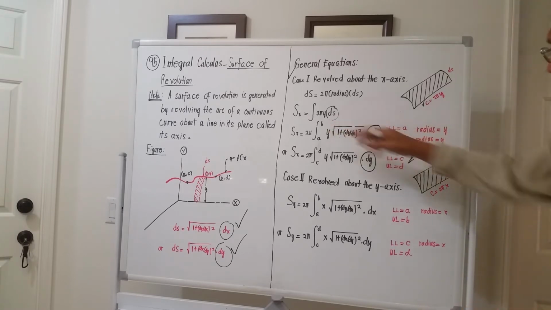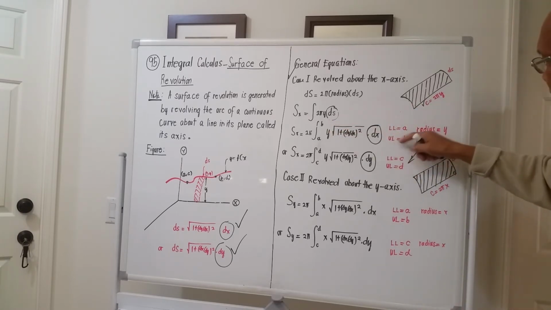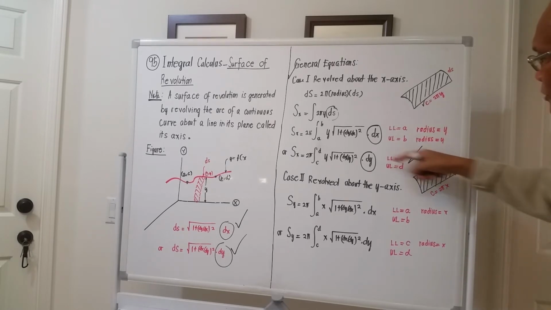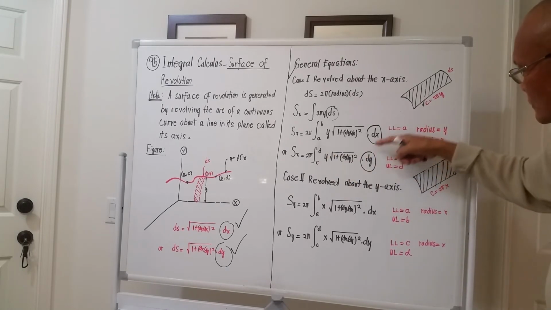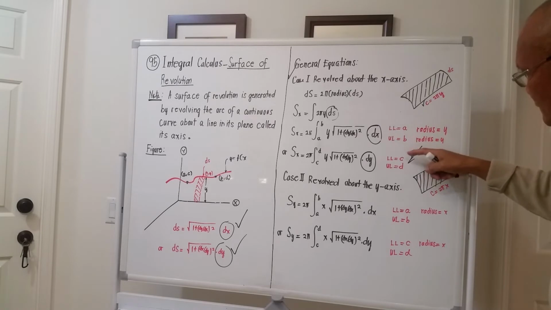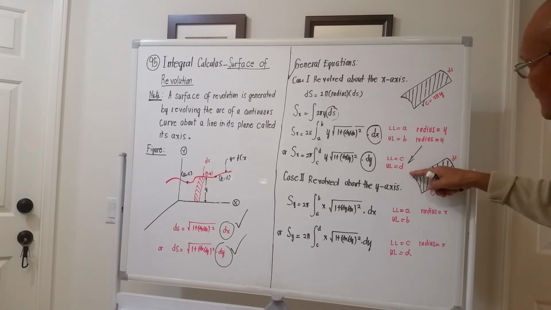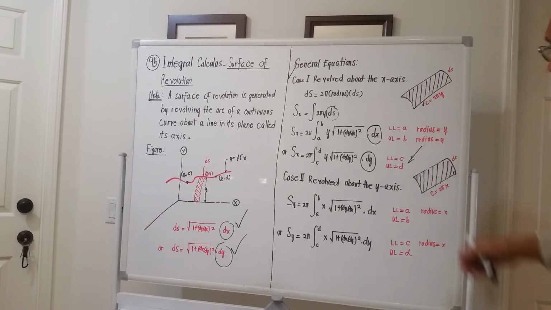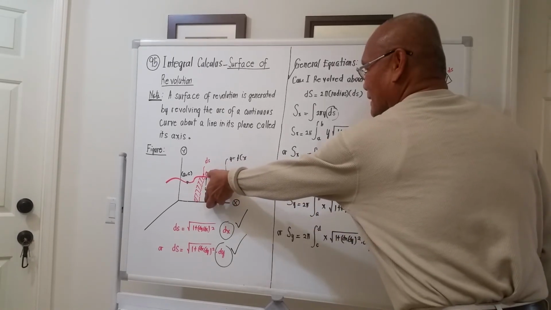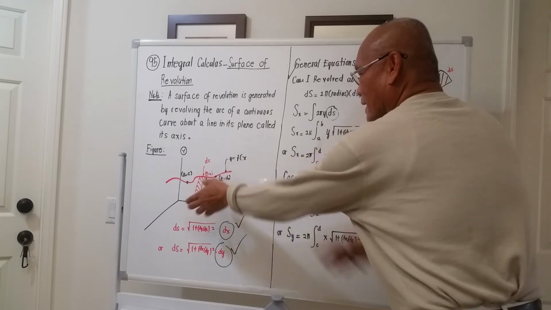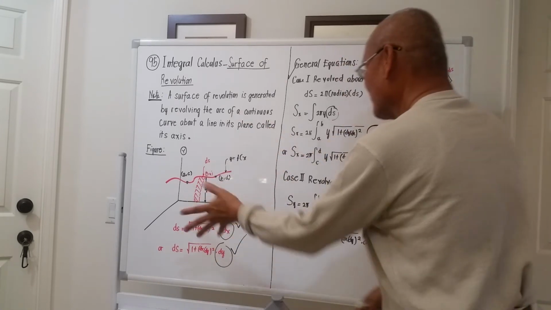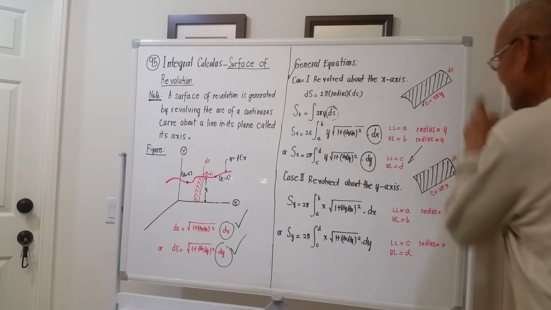Meaning under this formula, lower limit is a, upper limit is b, radius is y. Second formula, with respect to dy, lower limit is c, upper limit is d, and the radius is still y. Because we rotate the arc with respect to the x-axis, its radius is actually y.